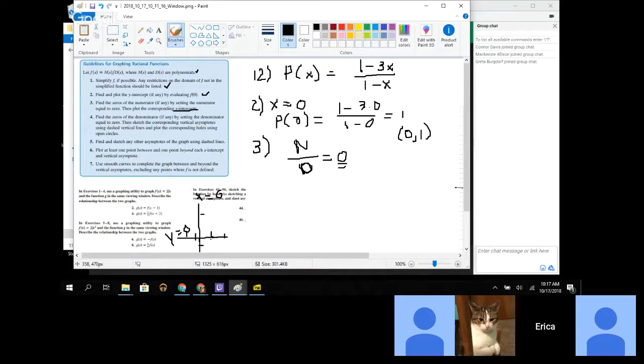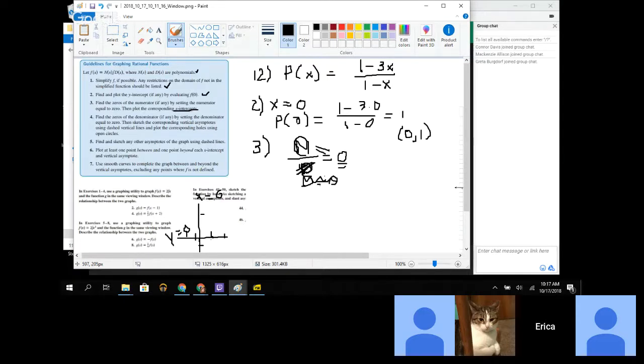We don't even have to mess with the denominator, because we know that the denominator can't equal 0. If the denominator equals 0, that's when we have our asymptotes. So we don't even care about the denominator. To find the x-intercepts, all we have to do is set the numerator equal to 0, because if the top is equal to 0, then the whole thing is equal to 0.